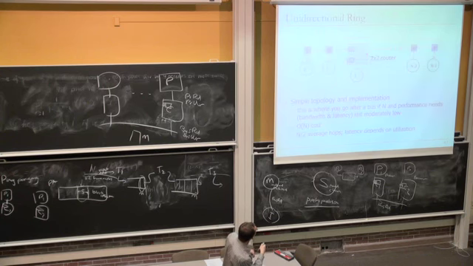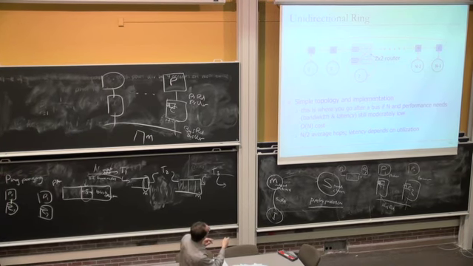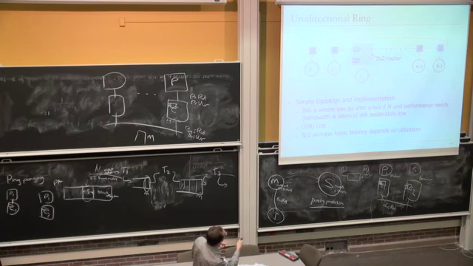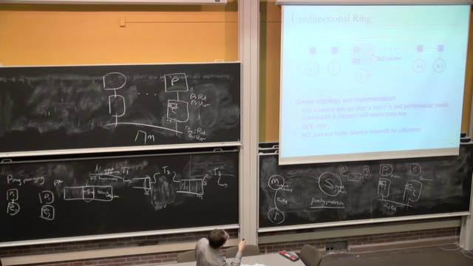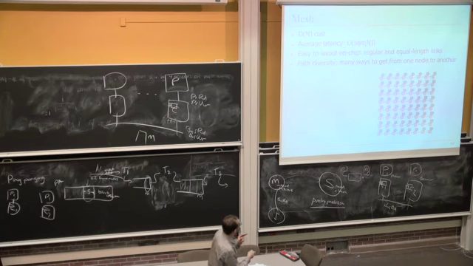So compared to a ring, a bus has no path diversity, right? There's only one path for everything. A ring has a little bit more path diversity, and if you can exploit it, you can put things together such that communication happens in parallel. But there's only one way of getting from this node to this node, unless you have a bidirectional ring. Then there are two ways, right? With a mesh, there are many, many ways.